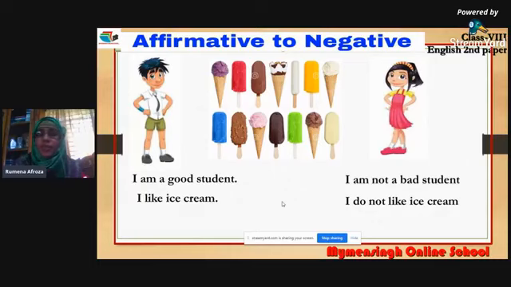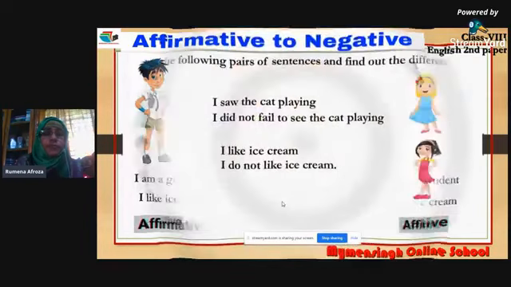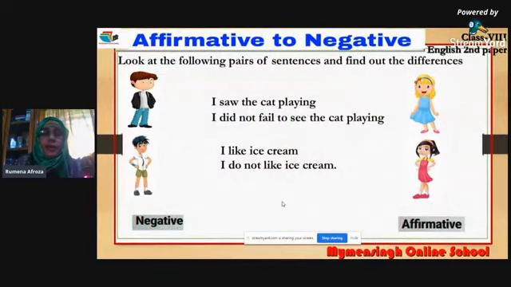Sometimes it is not mentioned in the question paper, but the instruction controls us to change the sentences without changing the meaning. For this reason, we are going to learn how to change from affirmative to negative without changing the meaning.